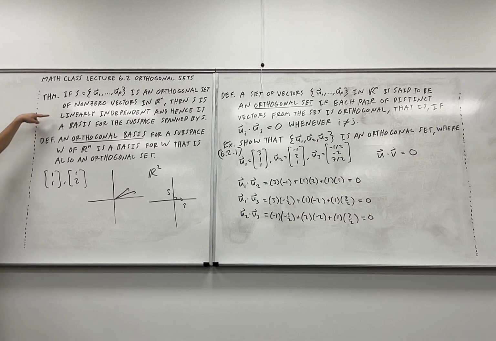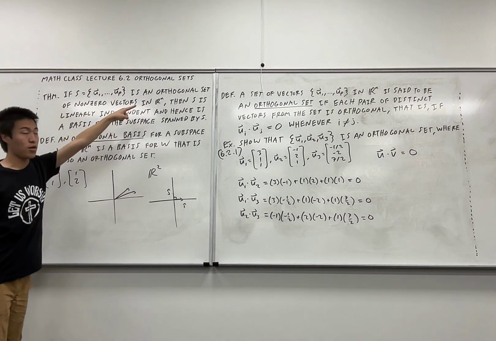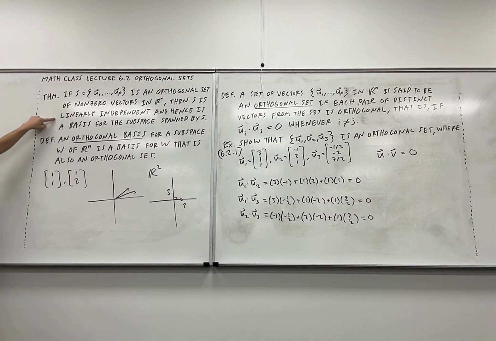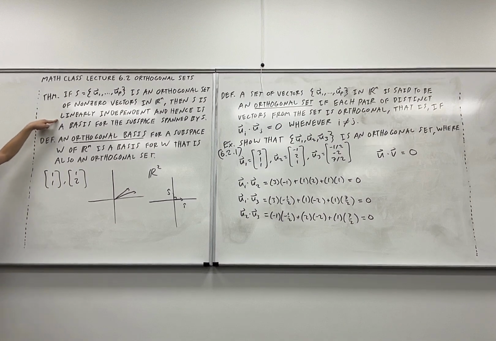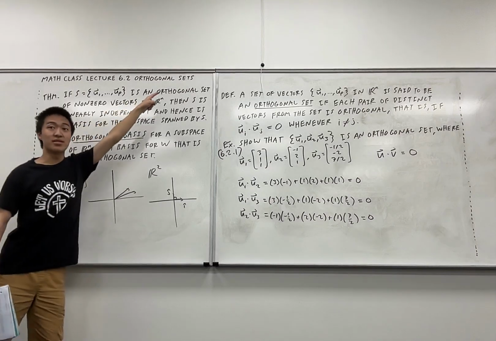So notice that the line of implication is going from start with orthogonal, and the orthogonal thing implies the linear independence. So if they're orthogonal, they're always. But if not, not always. Exactly. So this is a great example of how you don't want to assume the converse of the statement. The converse of the statement points and says, well, what about linearly independent? If it's linearly independent, does that mean it's orthogonal?